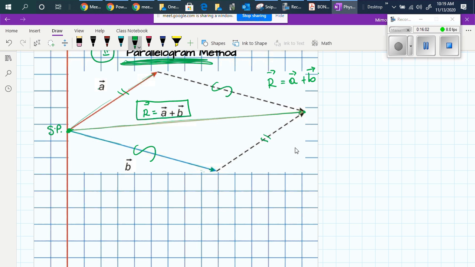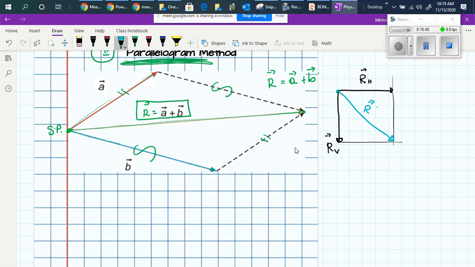What we have seen prior, when we had a horizontal component and a vertical component of the resultant, then to use this method, you have to construct a parallelogram, which in this case is a rectangle. And then from the starting point, you will draw a diagonal, and this will be the resultant vector.